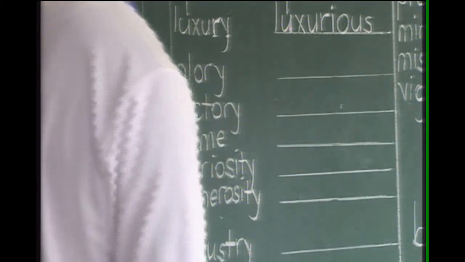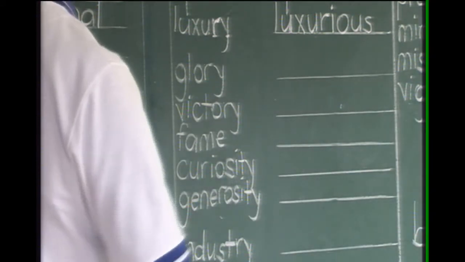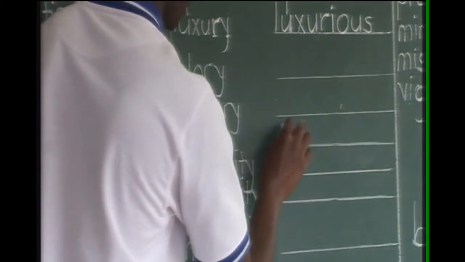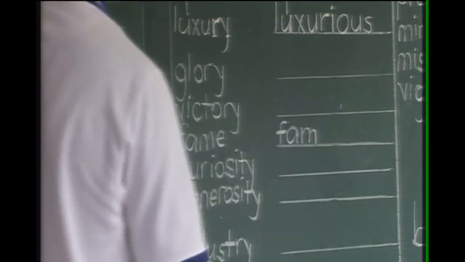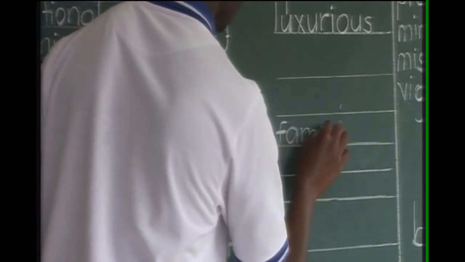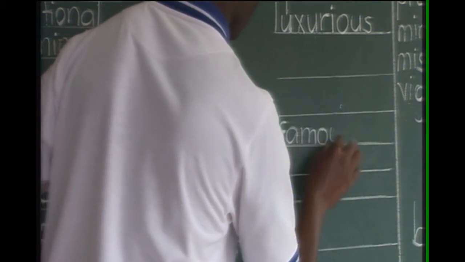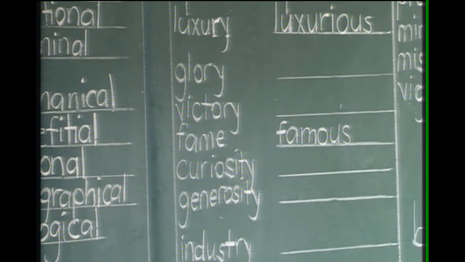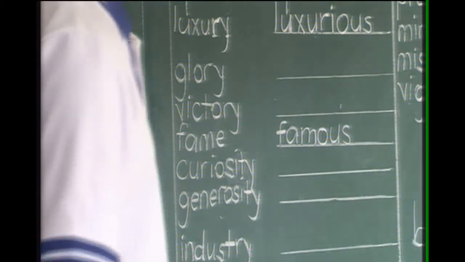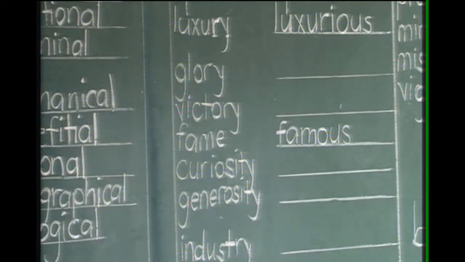Fame, let's go. Fame has its adjective as famous. No E, but straightforward: OUS. Famous. Famous means well known. Some people think it means liked by many.